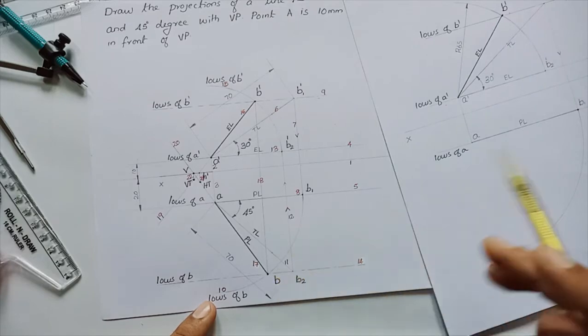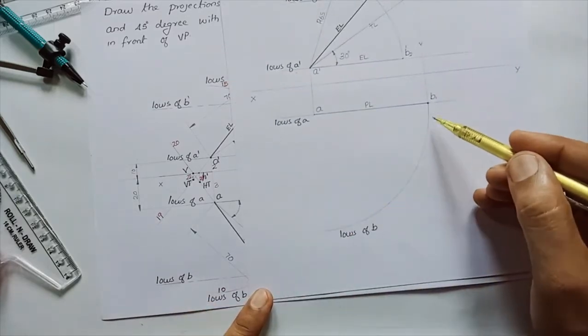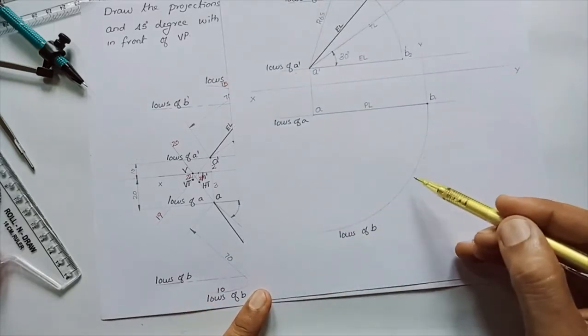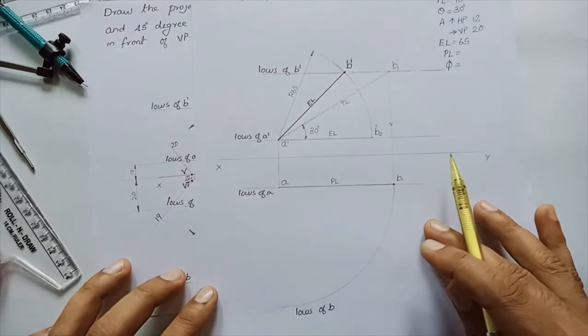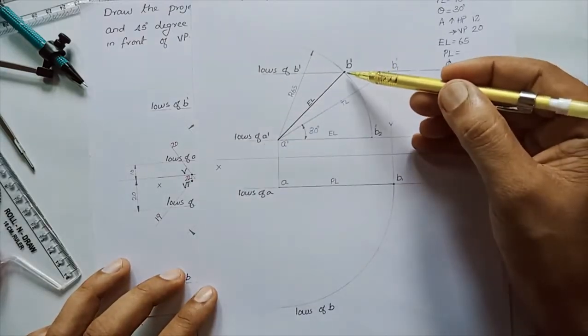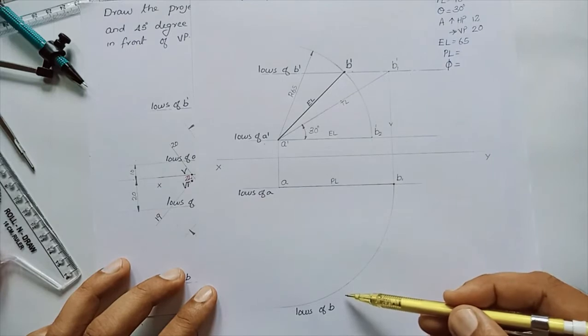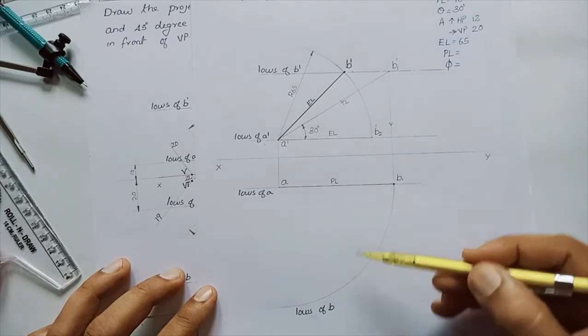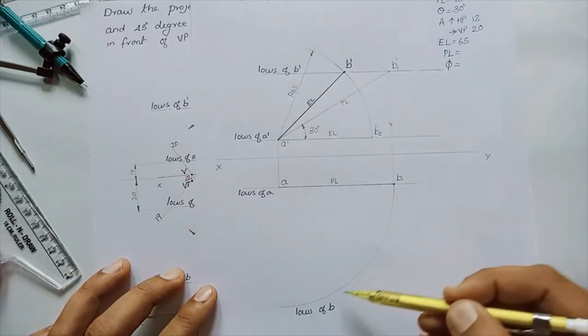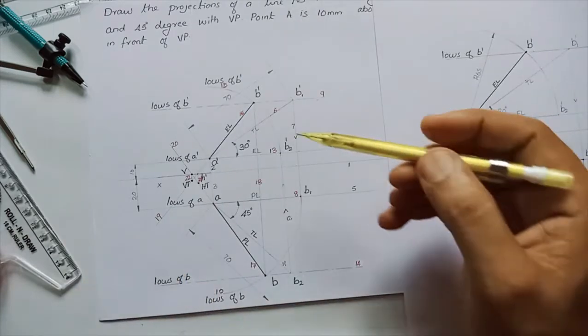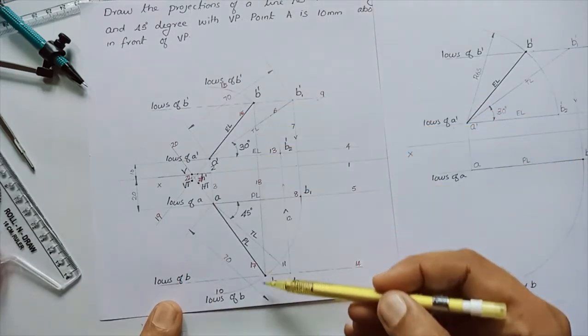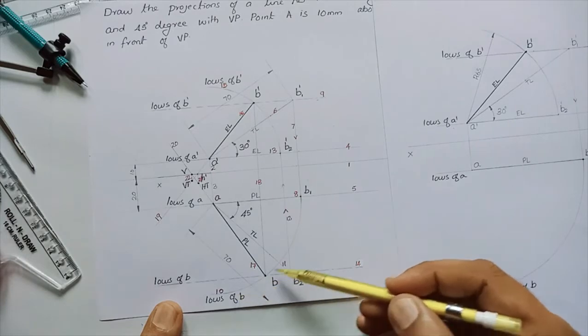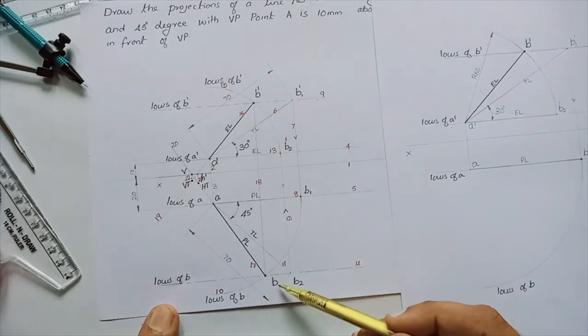So in our diagram, already we are having this locus arc. If we are dropping a perpendicular from B dash to this locus arc, the meeting point of this perpendicular and this locus arc, please observe here, this is point B itself, is it?